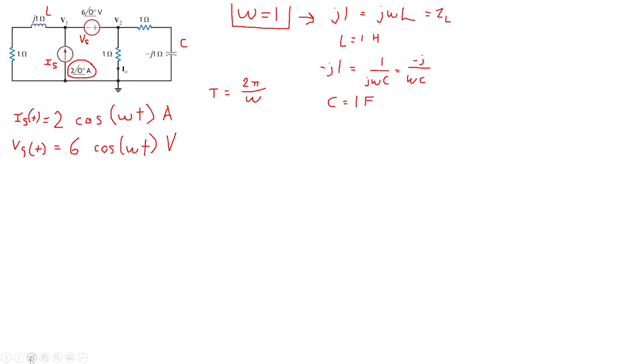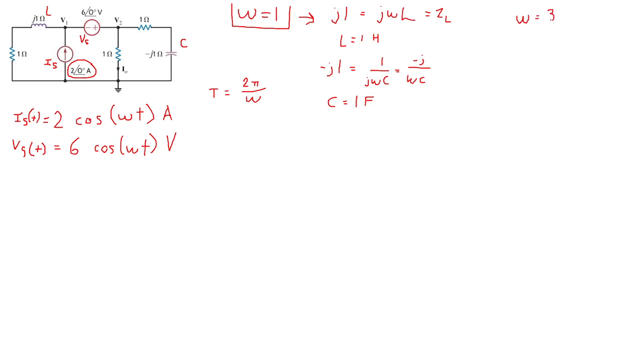So this is also minus j over omega c, where again, j is what we use instead of i in circuits for the imaginary unit. If omega is 1, we could conclude that the capacitor would have to be 1 farad, which is very unrealistic. A farad is huge. Even a Henry is pretty large.